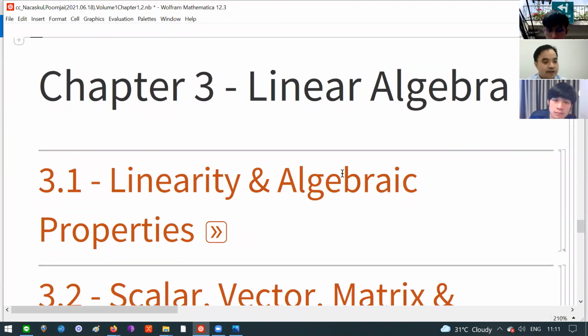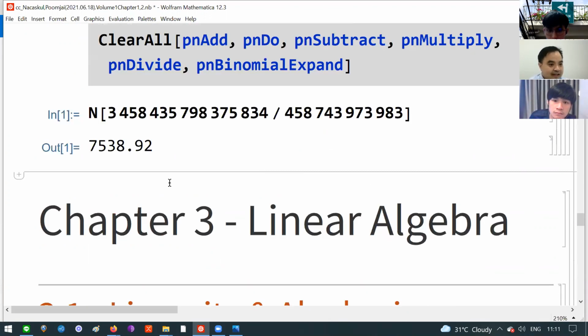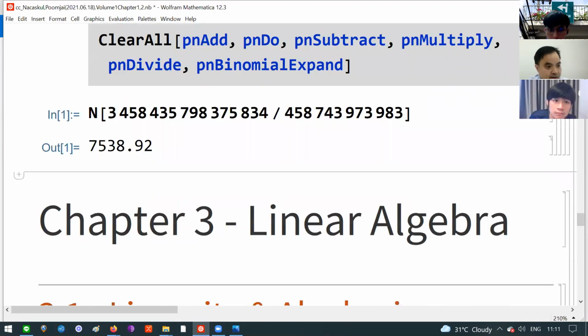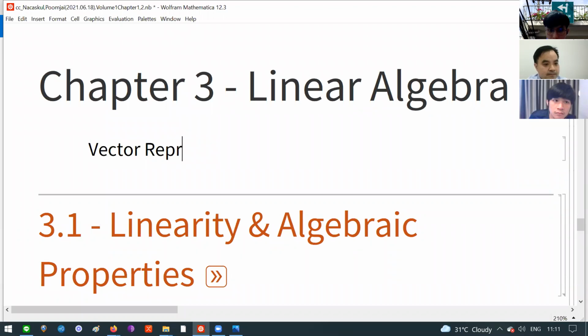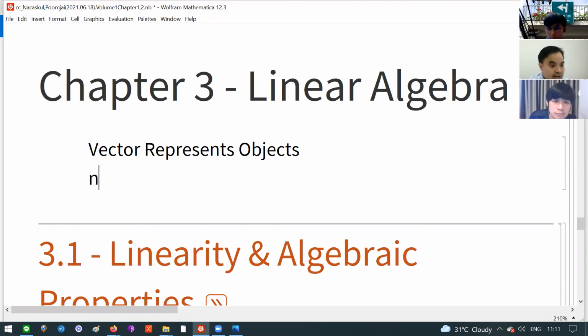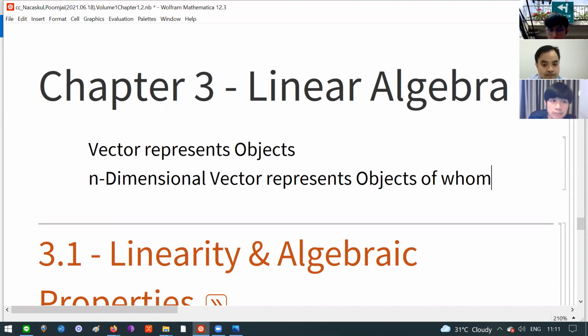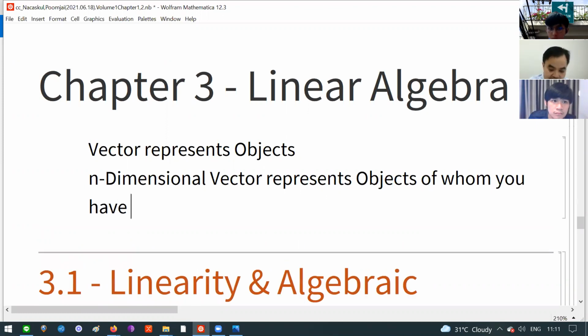This first notion, let me write it again: a vector represents an object, and an n-dimensional vector represents an object of whom you have n attribute information.